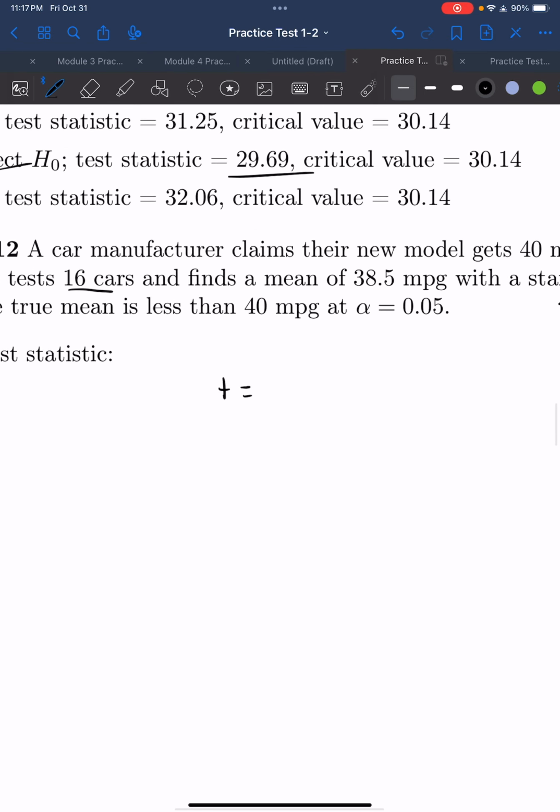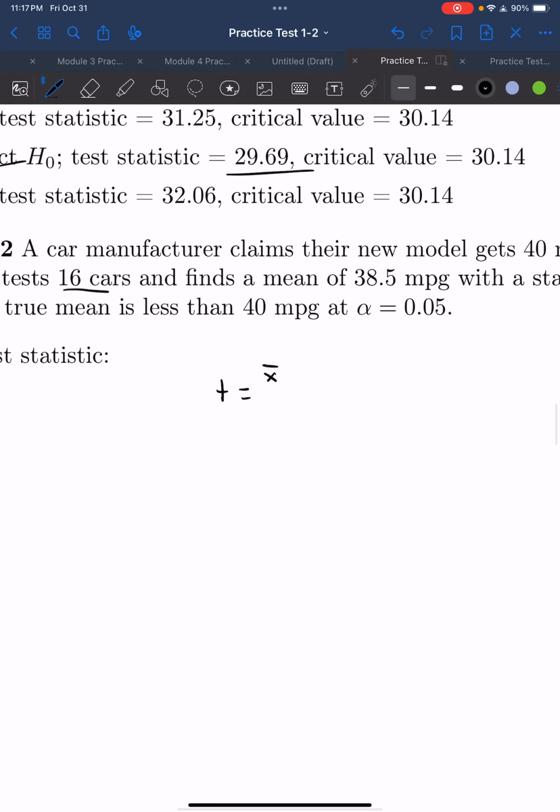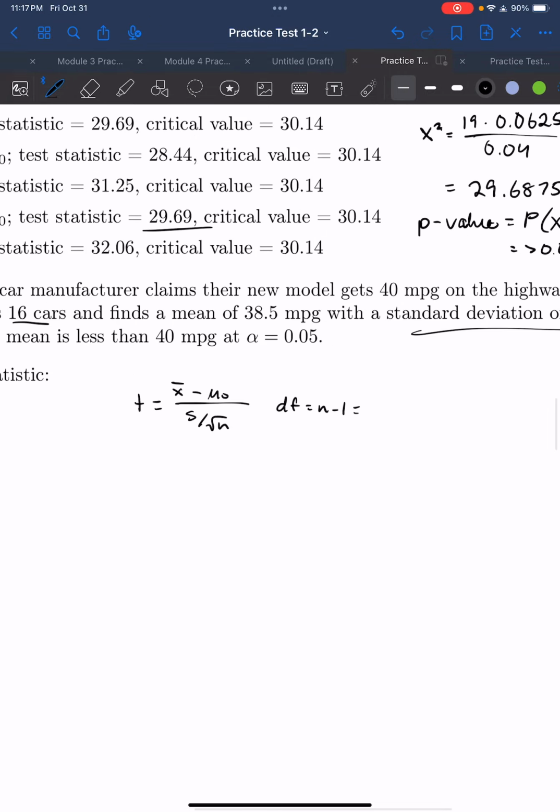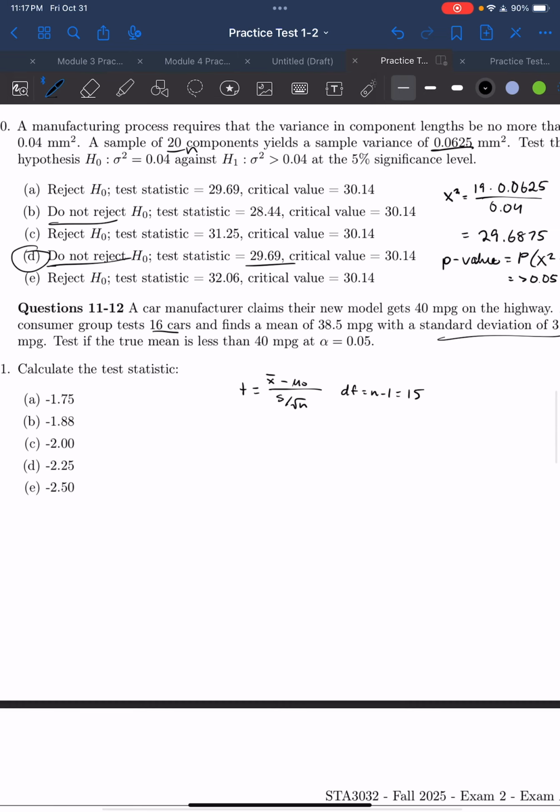That is x bar minus mu 0 divided by s divided by square root of n, and our degrees of freedom is n minus 1. In this case we have 16 cars, so 15 is our degrees of freedom.